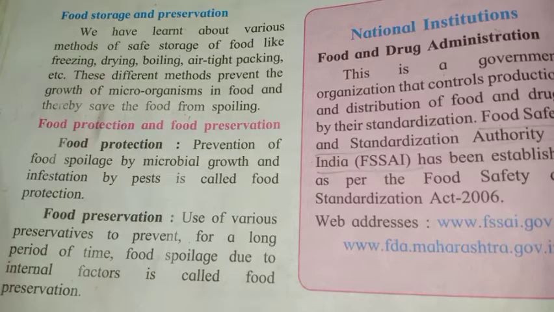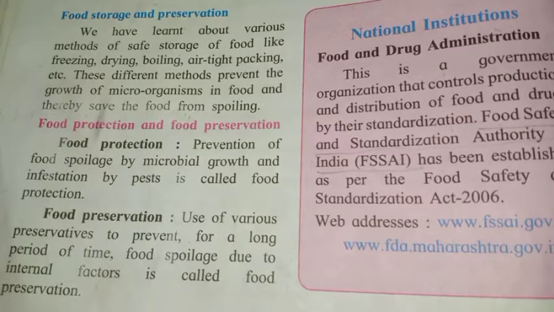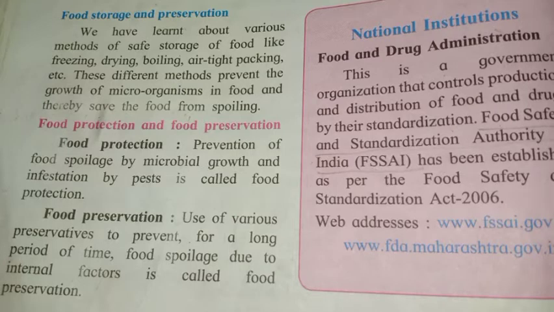Now can you give me some examples of these food preservatives? Yes, very common examples are sugar, salt, oil. See, if you consider one simple example of a foodstuff which we keep for a long time, it is pickle. So what is used in it to preserve it for a long time?